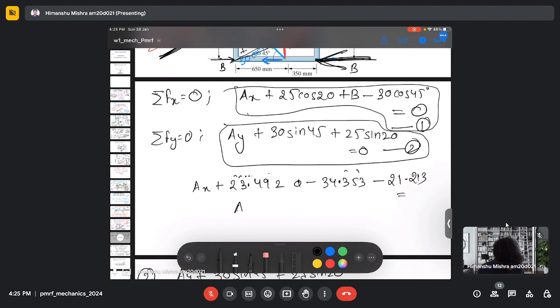So my AX is minus 10.86 minus 21.213. So AX will be 32.073 kilonewton.